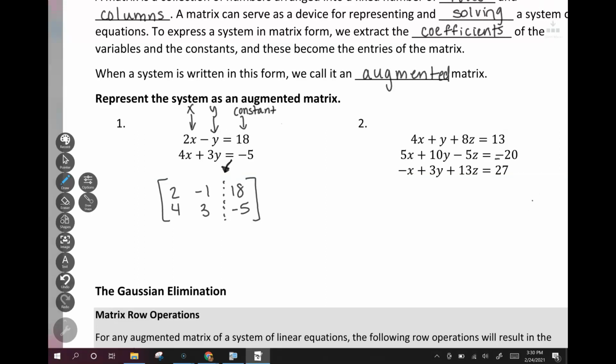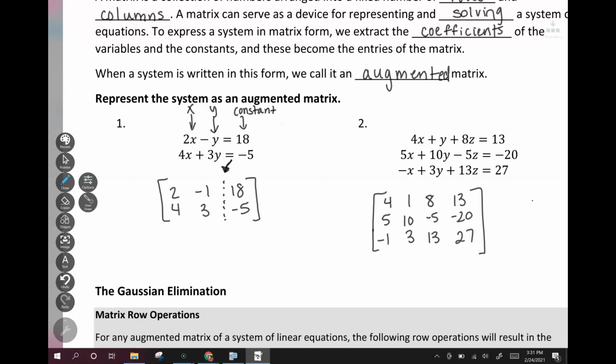So notice we've got the equations in standard form, x, then y, then z, equals your constant. Okay, so writing that as a matrix, taking my coefficients: 4, 1, 8, 13, 5, 10, -5, -20, -1, 3, 13, 27.